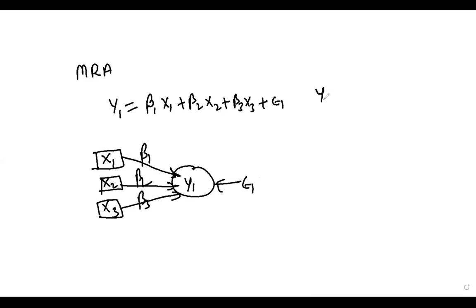The other equation I can write is y2 equals beta 1 x1 plus beta 2 x2 plus beta 3 x3 plus epsilon 2.